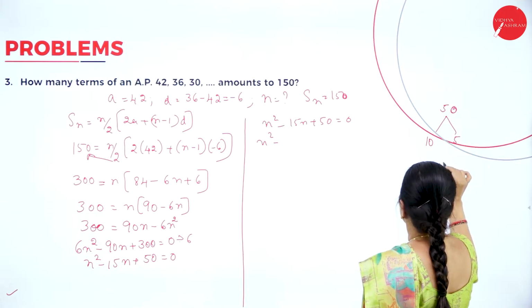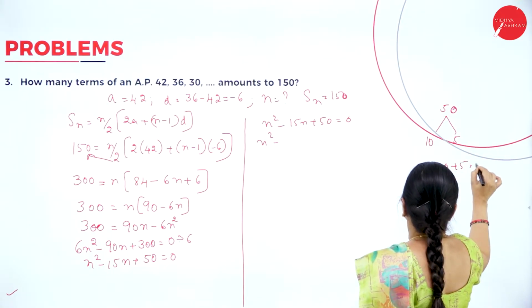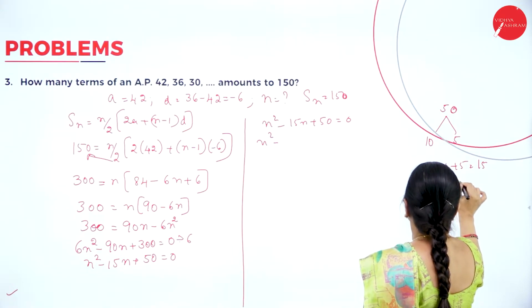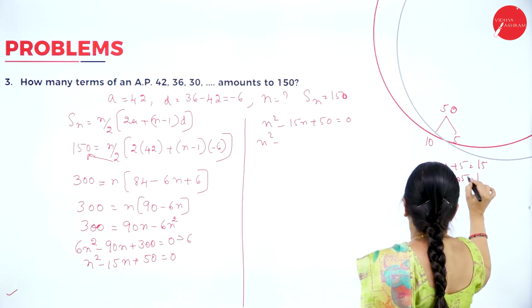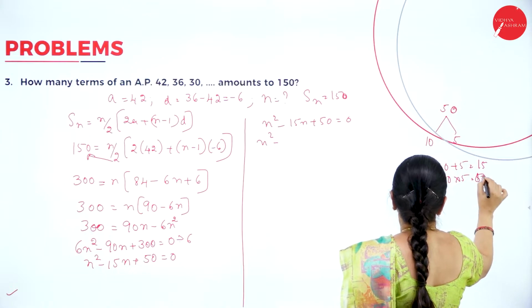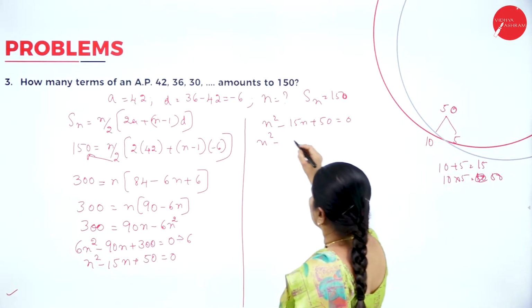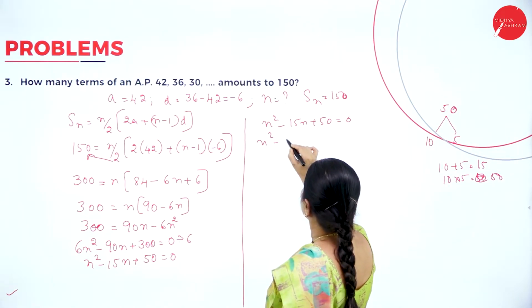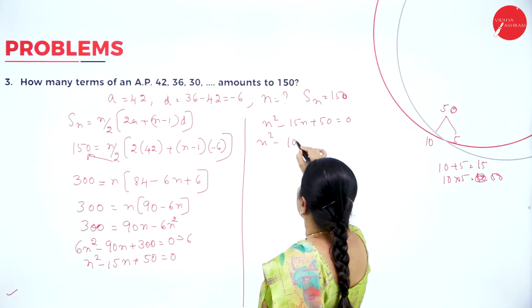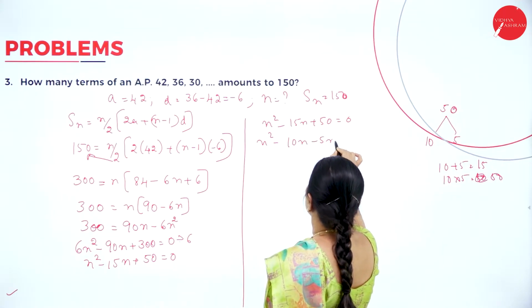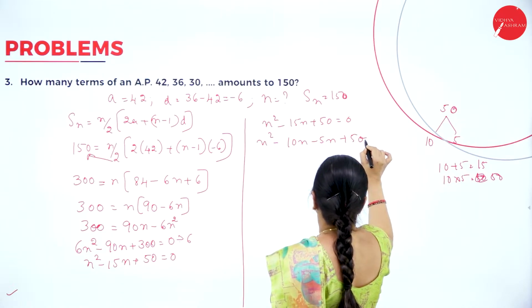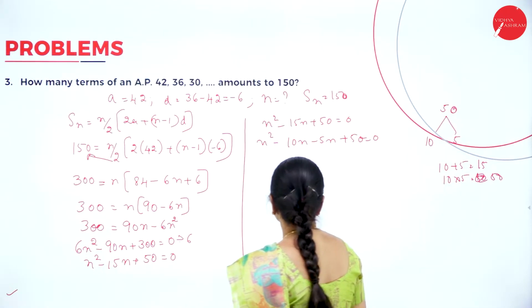So 10 plus 5 equals 15, 10 into 5 equals 50. So this will be equal to n square minus 10n minus 5n plus 50 equals 0.